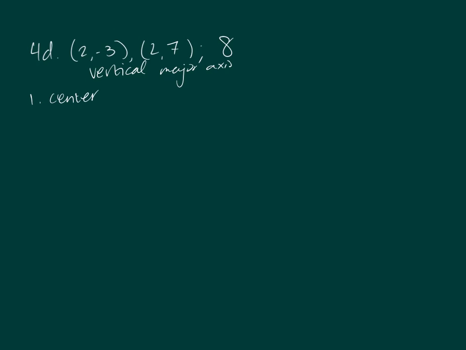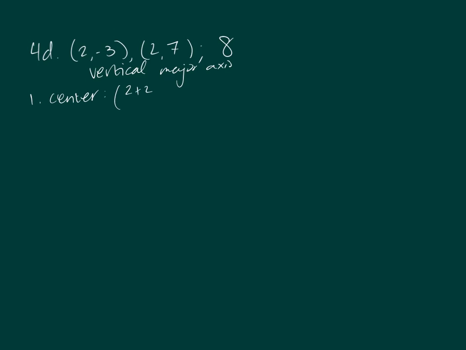Let's look at another one. 4d. The foci are (2, -3) and (2, 7), and the difference in the focal radii is 8. First off, note that the y-coordinates of the foci are different, so this is a vertical major axis. And we want to first start off by finding our center, which is the midpoint.